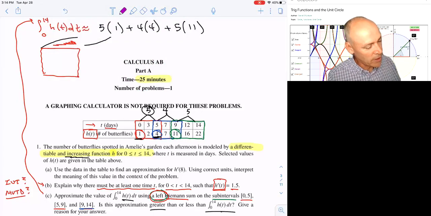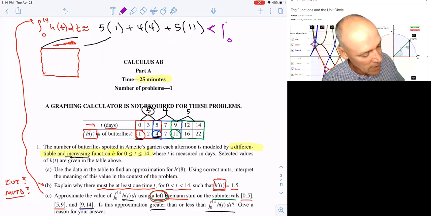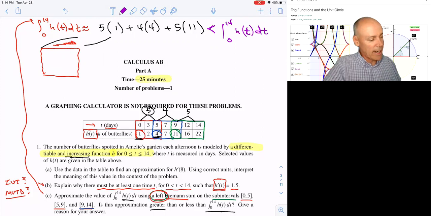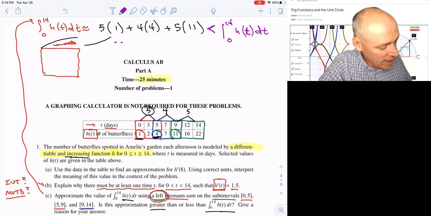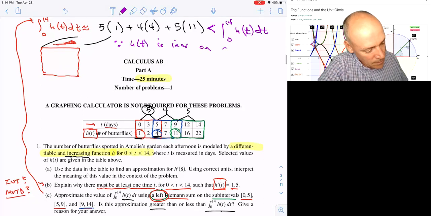I'm going to impress the readers. I'm going to show that this is less than the integral of h of t dt, and I got to add here because h of t is increasing on that interval from 0 to 14.